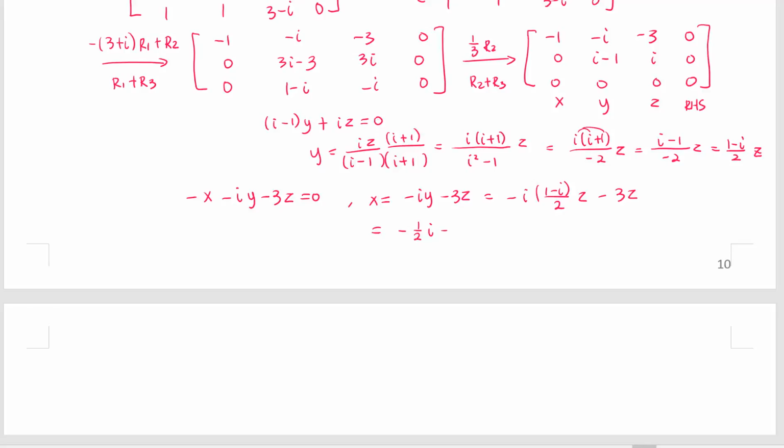So minus 1 over 2, z. Minus 3z. So 1 minus 1/2 minus 3 combined together is 7 over 2. So this is minus 1/2 I minus 7 over 2, z.